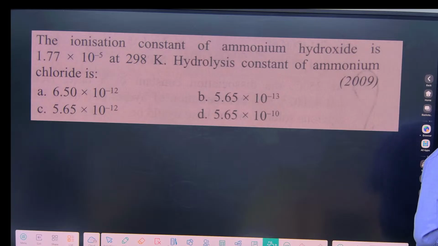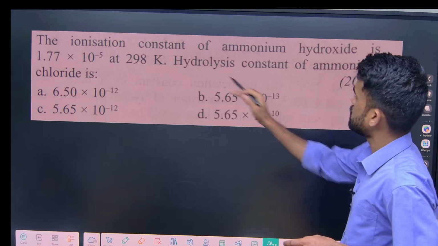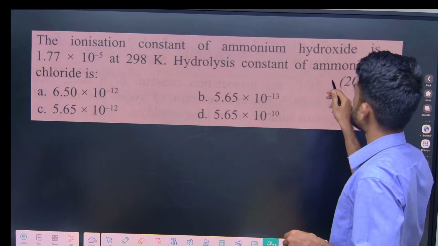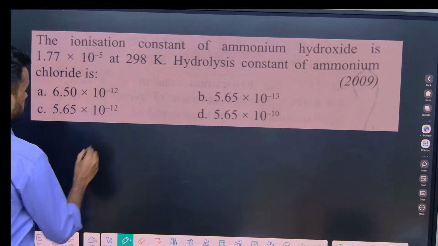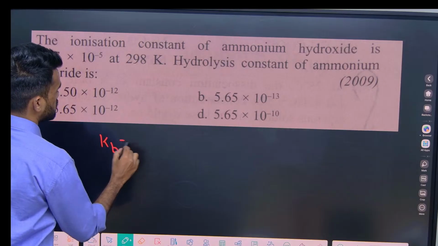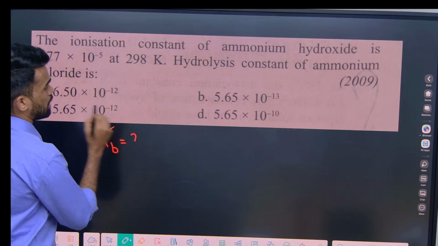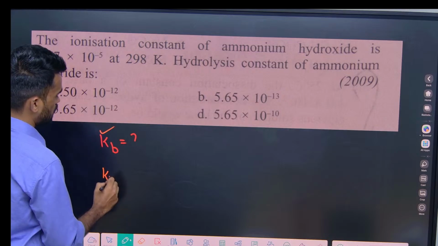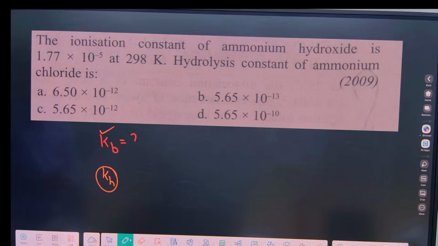They are saying the ionization constant for ammonium hydroxide is this much. The hydrolysis constant of ammonium chloride. It means the ionization constant, that is Kb of this base, is given as some value, and they are asking about Kh, the hydrolysis constant.